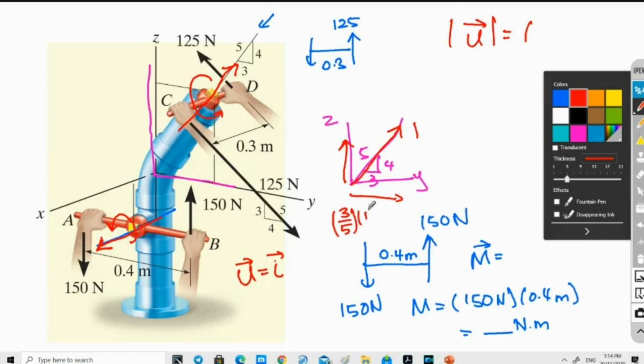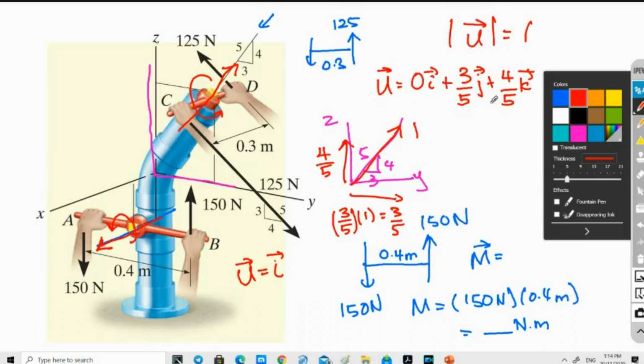If you multiply by 1, it's 3 over 5 yet again. Similarly here, it will be 4 over 5. So the y-axis is 3 over 5, the z-axis is 4 over 5. So the unit vector will be 0i plus 3 over 5j plus 4 over 5k. Right, so that is the unit vector.